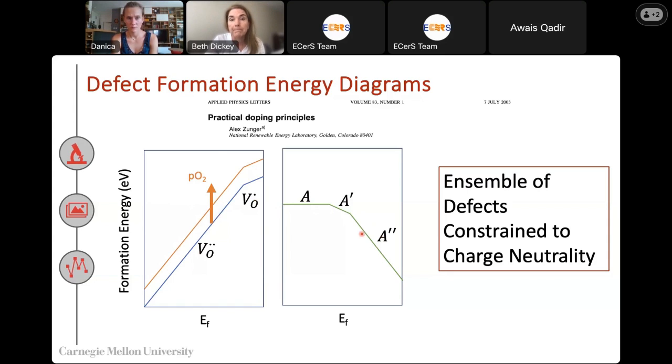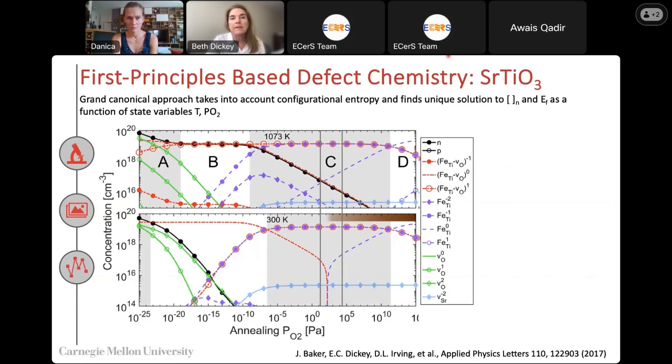Okay. All right, so here's an example, and this is work by Doug Irving, a collaborator of mine at North Carolina State University, predicting in a really important dielectric, strontium titanate, the defect chemistry as a function of, again on the x-axis, partial pressure oxygen, at high temperature, where you expect things to get to thermodynamic equilibrium.